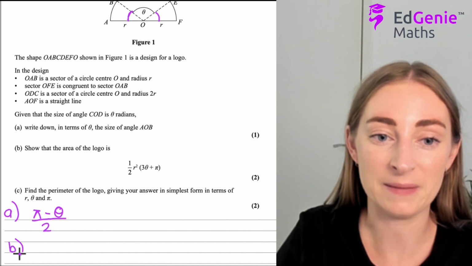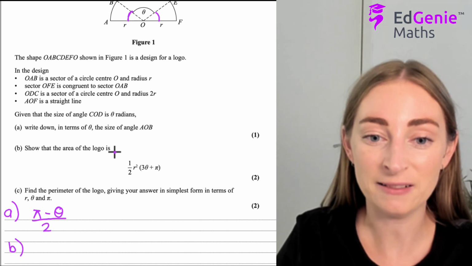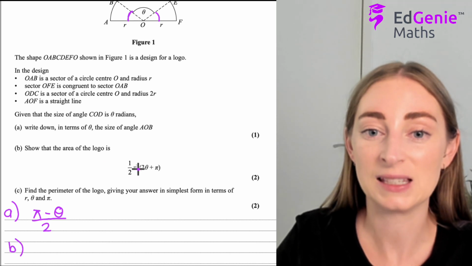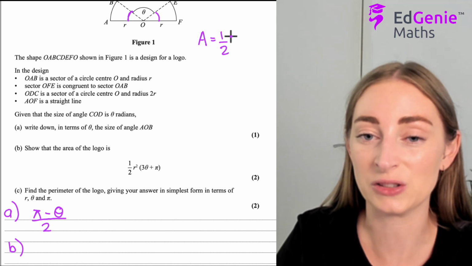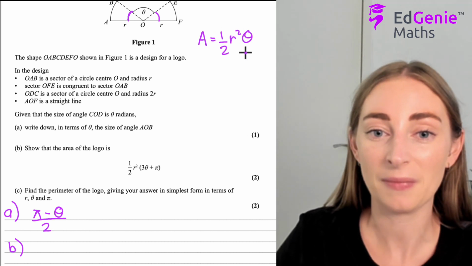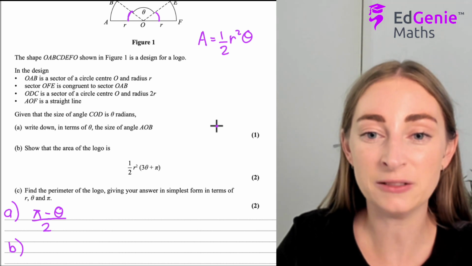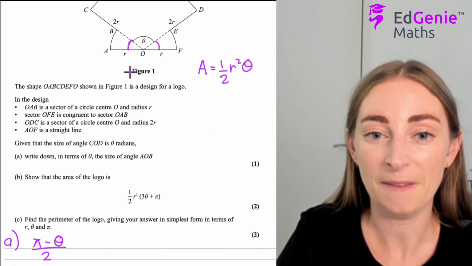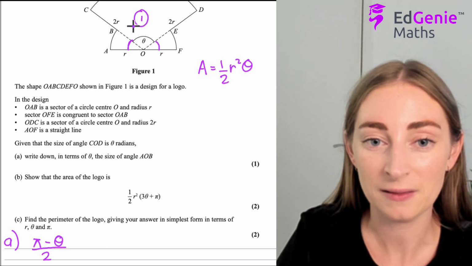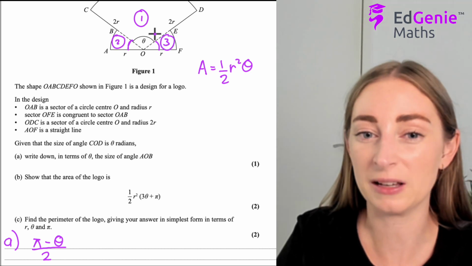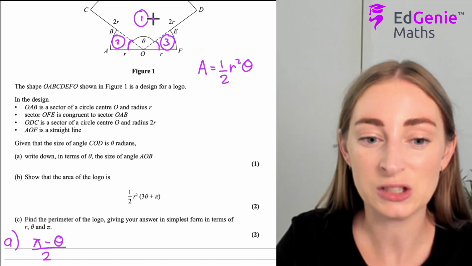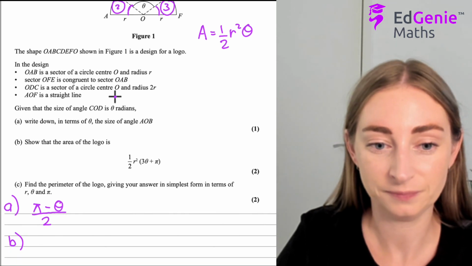Part B. Show that the area of the logo is this. So remember, our formula is going to be half r squared theta. And we've got 3 different parts because we've got this part here, this part here, and this part here, but 2 and 3 are going to be the same. So let's do 1 first.